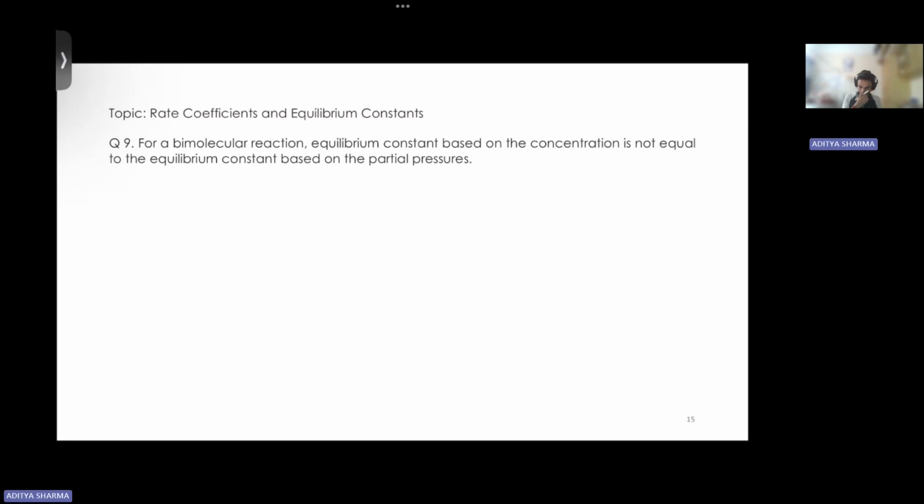Now we will see question number 9, which again is on rate coefficients and equilibrium constants.